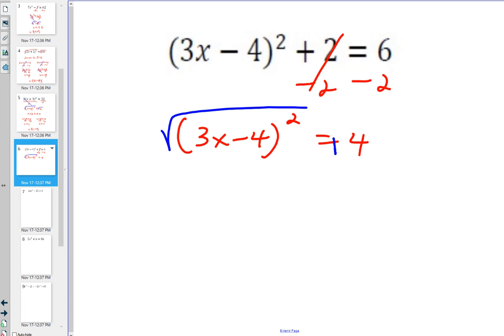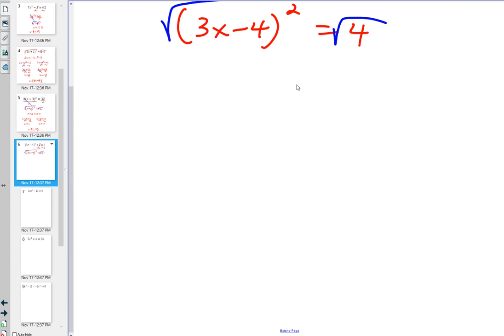This works out beautifully, because 4 is a perfect square.